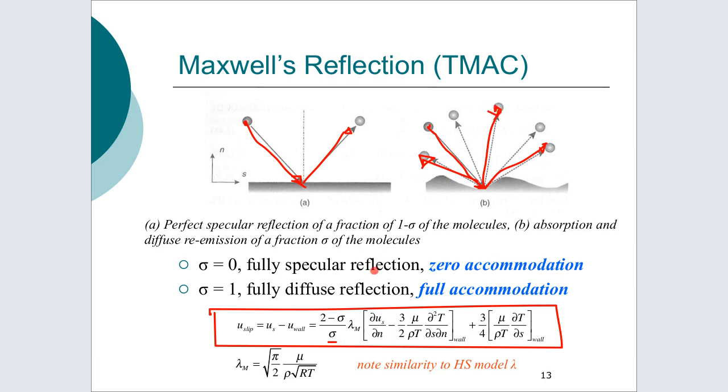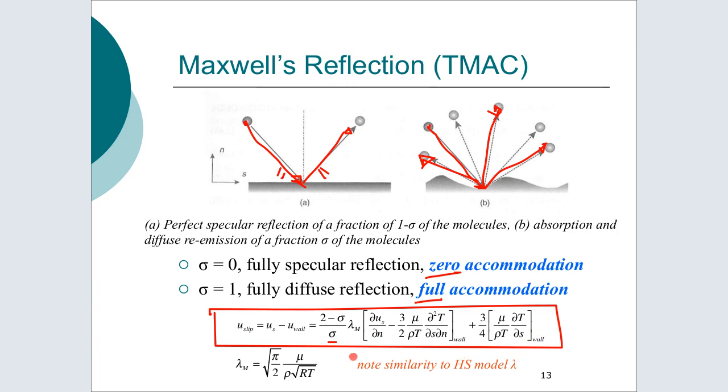That is referred to as full accommodation at the surface. For specular, it's 0 accommodation, so it's not held and bounces off directly with equal angles. Obviously real surfaces are somewhere in between, with a specular component and a diffuse component, so overall you get somewhere in between.